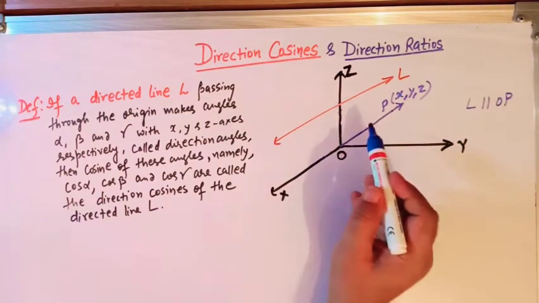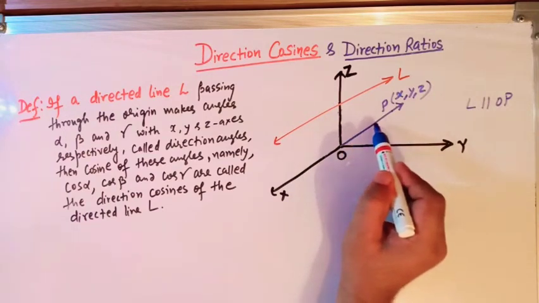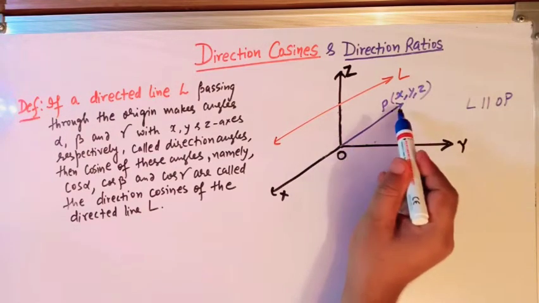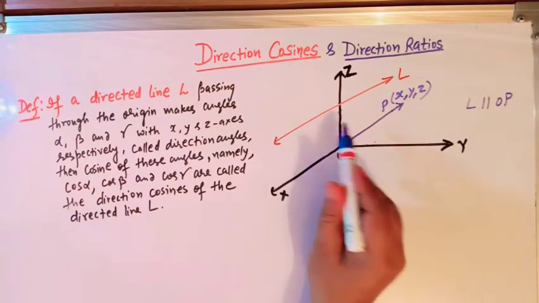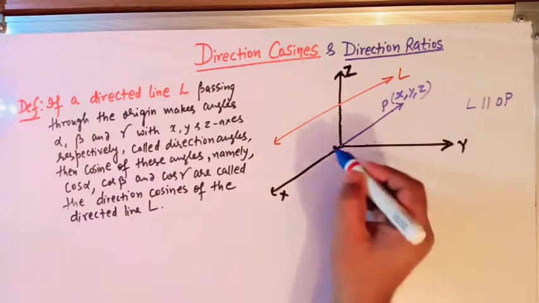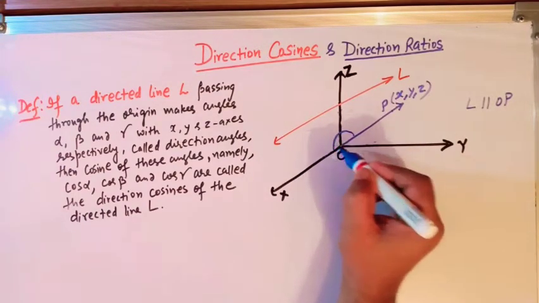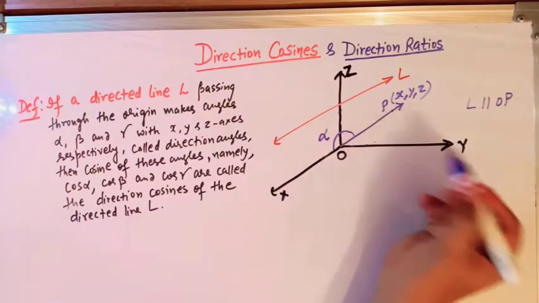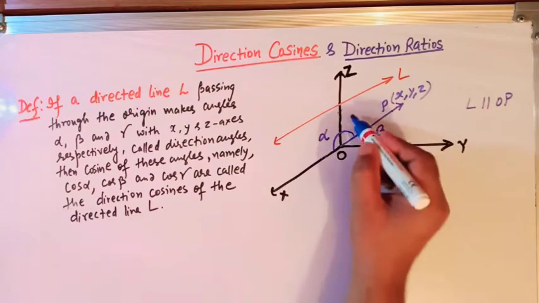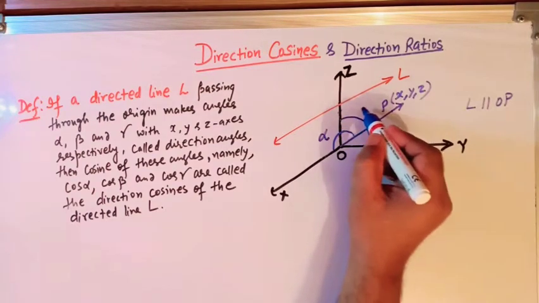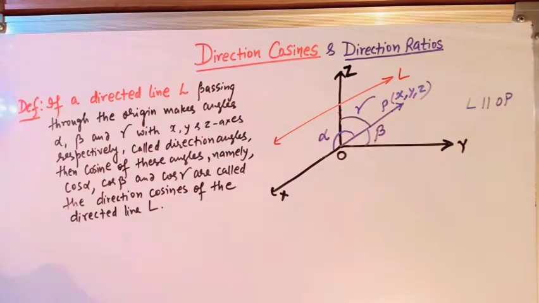So we will consider the angles made by this vector with the positive direction of the axes. Now with the x-axis, let us say this angle is alpha, and with the y-axis let us say this angle is beta, and with the z-axis let us say this angle is gamma, right?